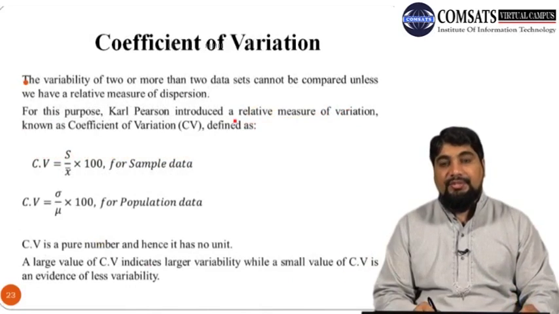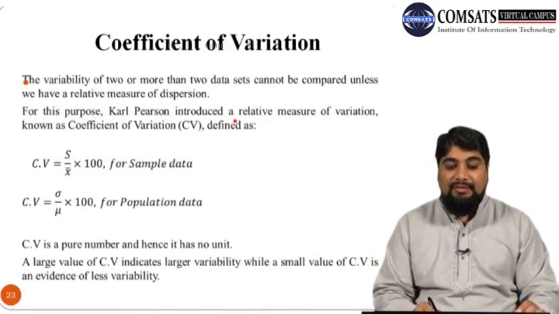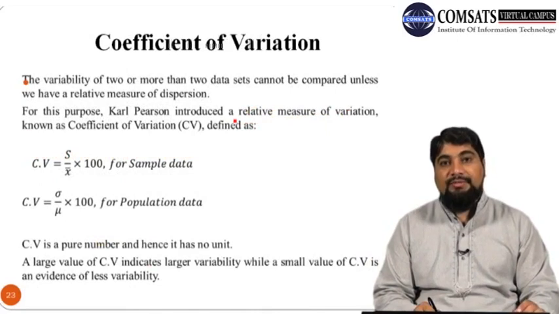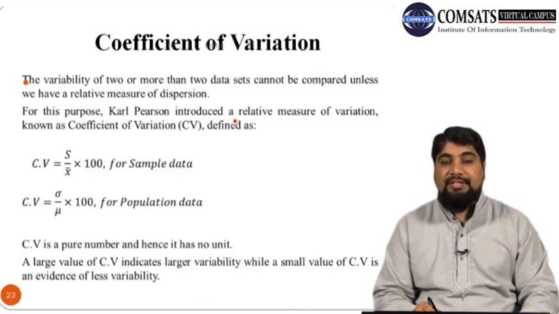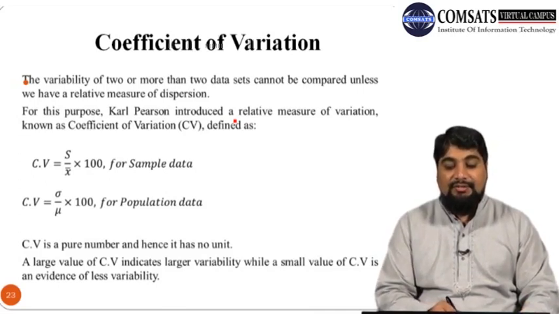Next we discuss the coefficient of variation. Variability of two or more data sets cannot be compared unless we have a relative measure of dispersion. For this purpose, Karl Pearson introduced a relative measure of variation, known as the coefficient of variation, usually called CV.